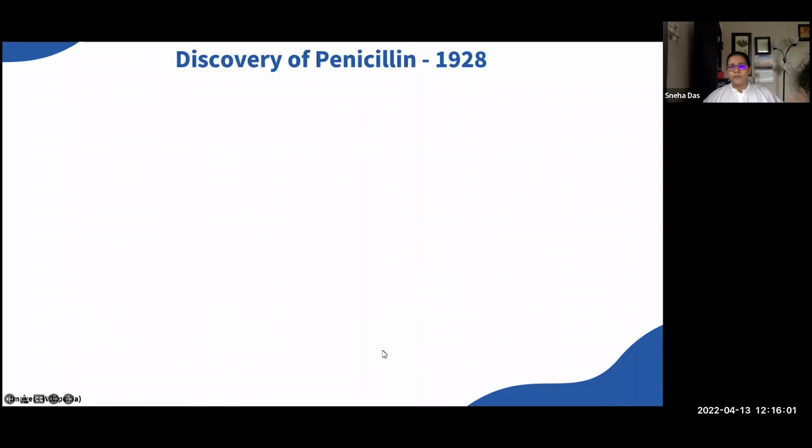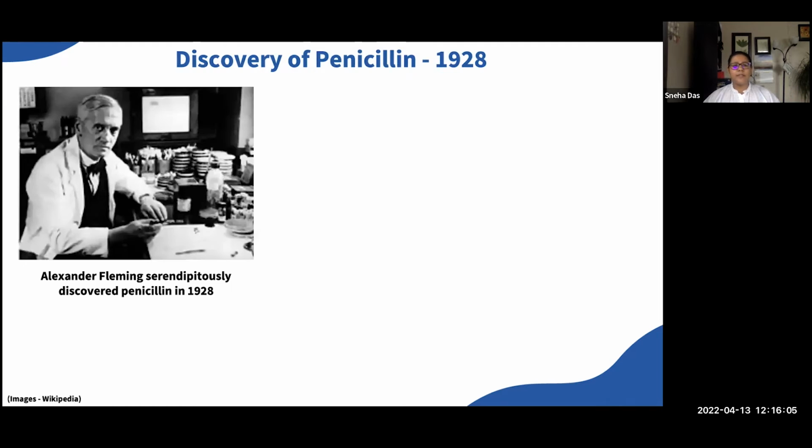However, the first reported case of antibiotic discovery was actually made by Alexander Fleming in 1928. And he was studying a bacteria called Staphylococcus. And he had gone on a holiday and he had forgotten to close his bacterial culture plates.